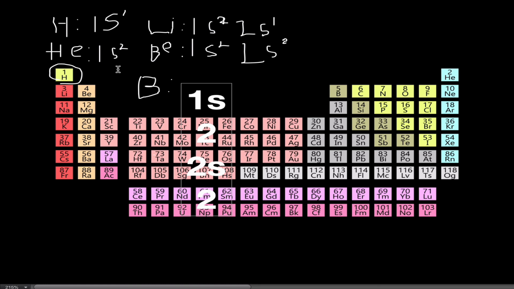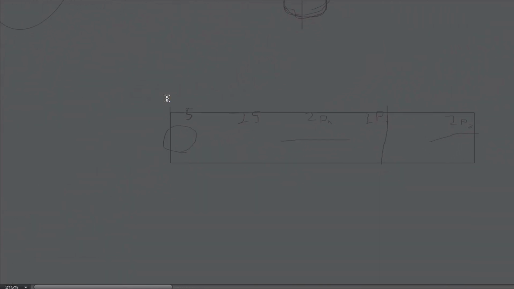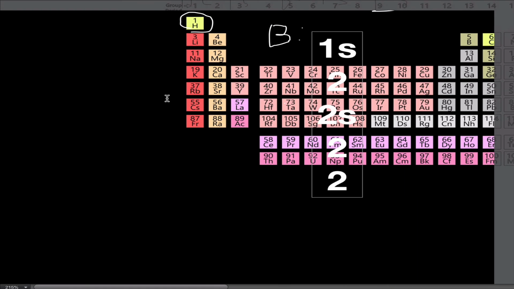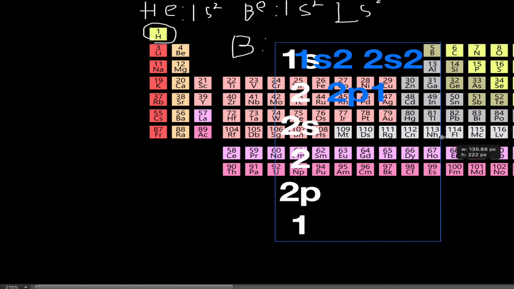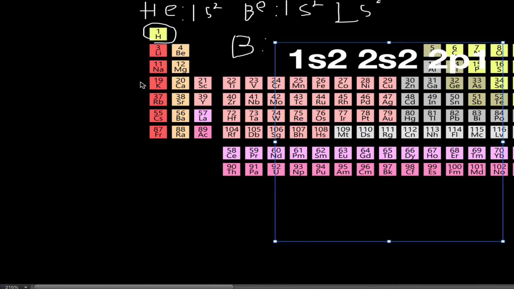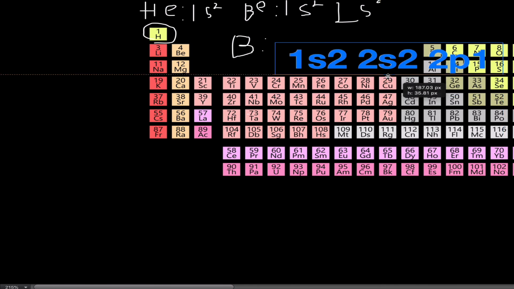And then there's another shell, of course. So it's going to be 2p, and then 2p1, right? Okay, now that's kind of weird, so I'm just going to stretch this out and shrink that. Okay, there we go.